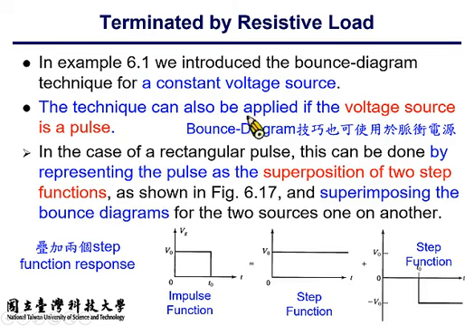So, in example 6.1, we introduced the bouncing diagram technique for a constant voltage source. The technique can also be applied if the voltage source is a pulse. So the bouncing diagram is also applicable for a pulse source, which means that the source signal is not necessarily a constant voltage source.